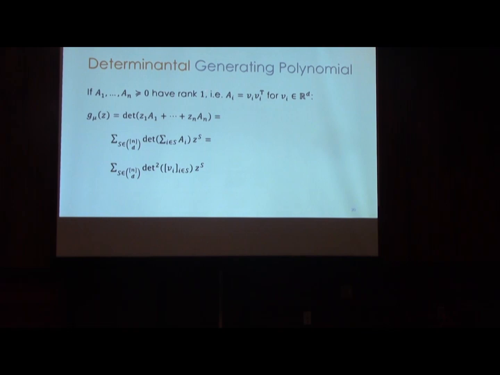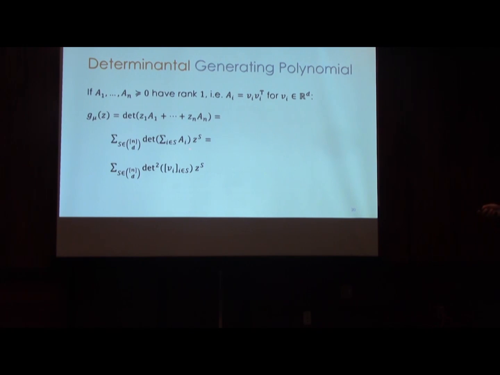And if you factorize your A_i's as v_i v_i transposed, because they're rank 1, there's always such a decomposition, this determinant would be a square, because it's again standard and well known that this is just the determinant squared of the vectors themselves. Okay, so this is actually a non-negative number.